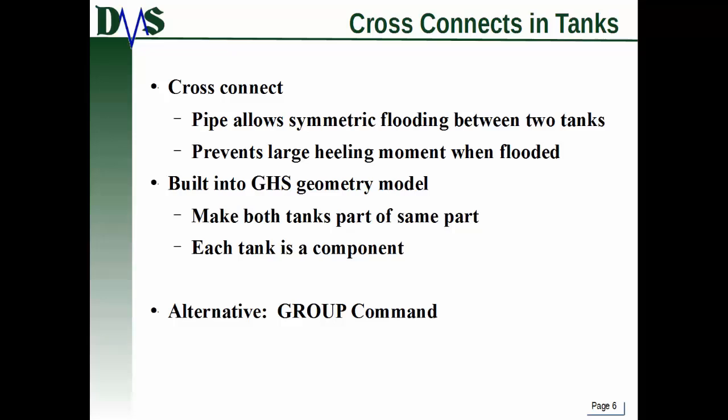So the port tank would be one component and the starboard tank would be another component, but they're both part of the same part. If you do that, GHS will treat them as one single tank. It'll actually have the same free surface level across all of them. So that's the easiest way to do it. An alternative method is to use the group command. So you can look into your GHS reference manual to find out more about that.